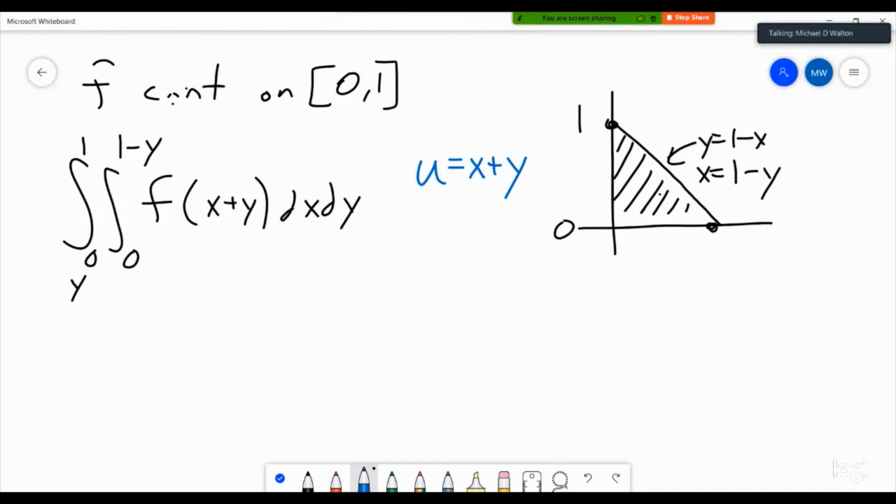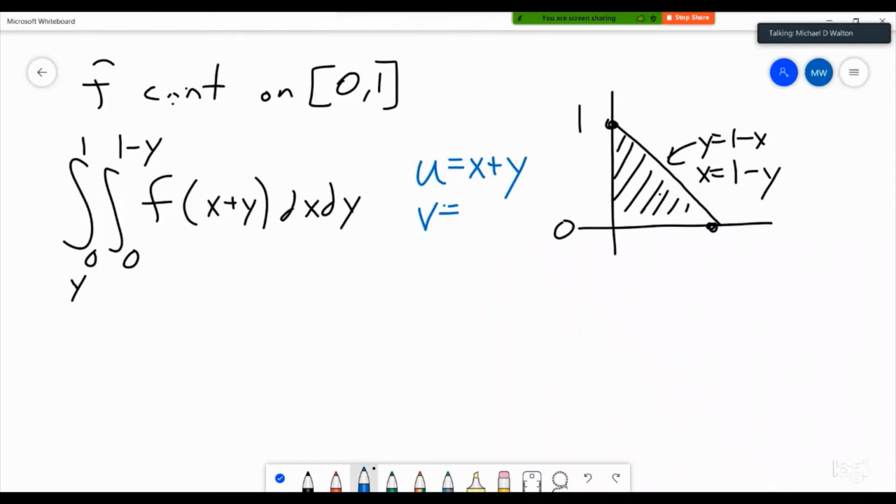The next challenge, though, is we have to figure out what we want our other substitution v to be equal to, because we do have to make a second substitution.